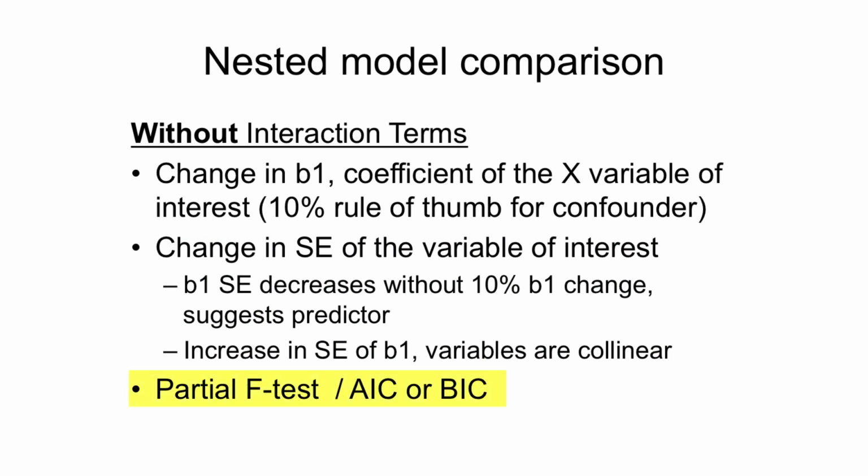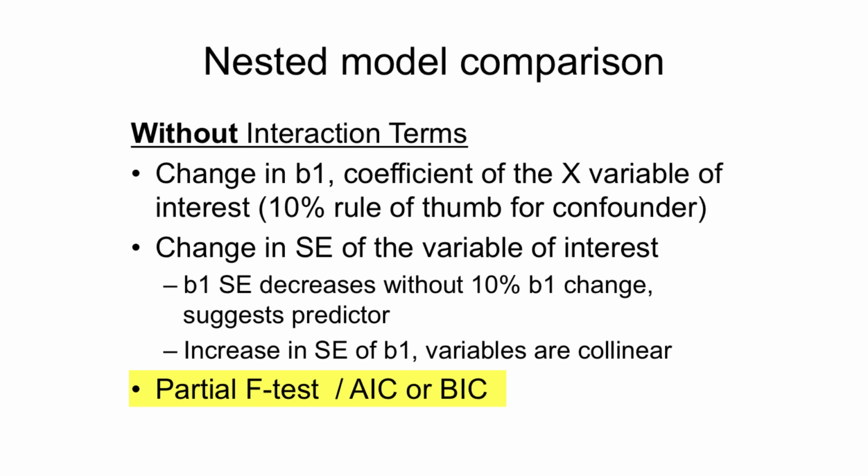You should also conduct a partial F-test to compare the nested and full model, or a likelihood ratio test in the case of logistic regression. If the partial F-test is significant, so the sum of squared error is reduced with the addition of a variable, this means that adding the variable has improved the predictive power of the model. The full model is better.